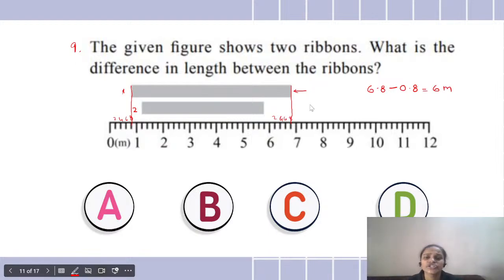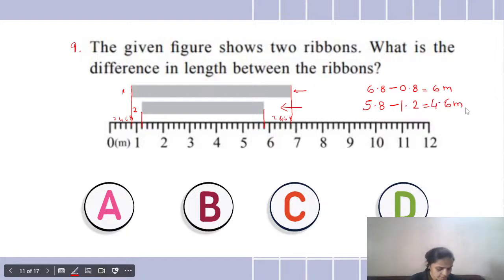Now coming to the shorter ribbon. Where does it start? It starts here and it ends here. Ending is 5.8 minus where it is starting from, 1.2, which gives me 4.6 meters.